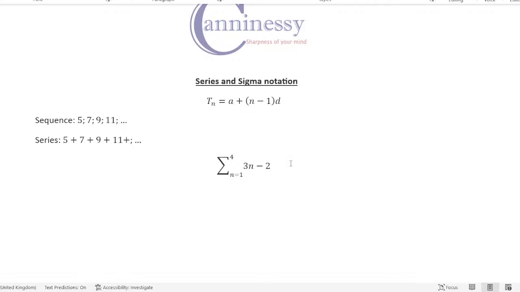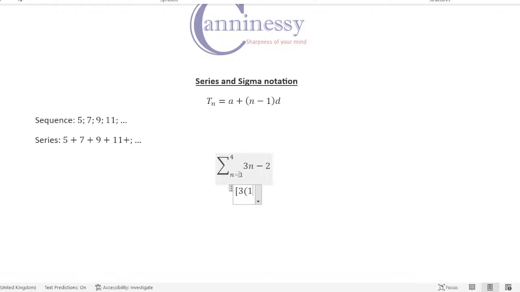What we need to do here is open square brackets, then 3 into the value of n. What is the first value of n? The first value of n is 1.